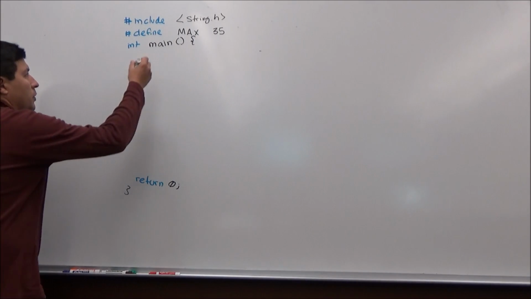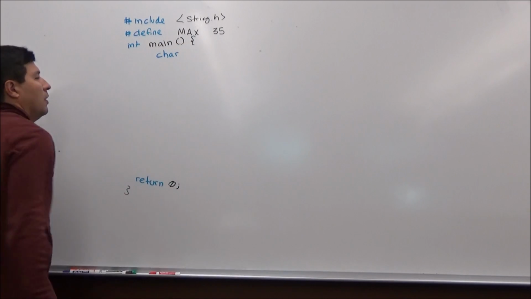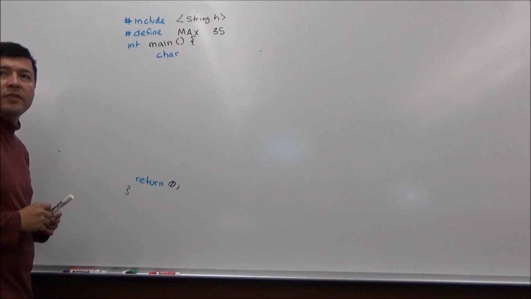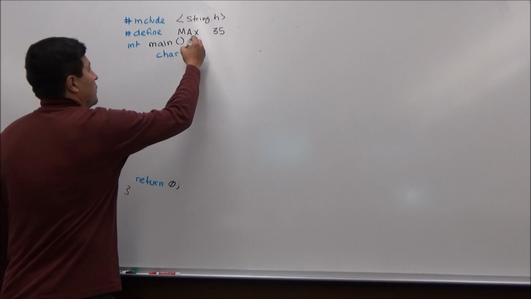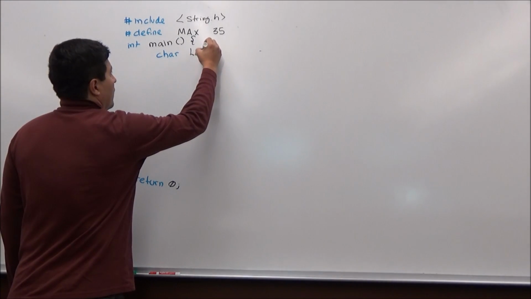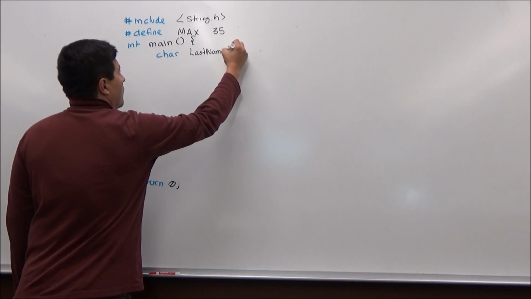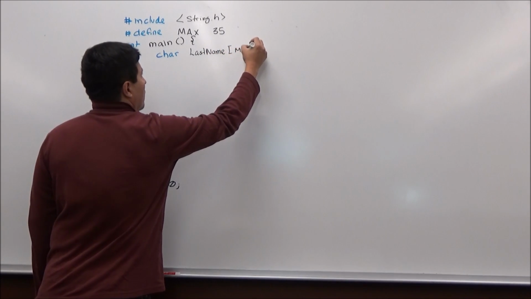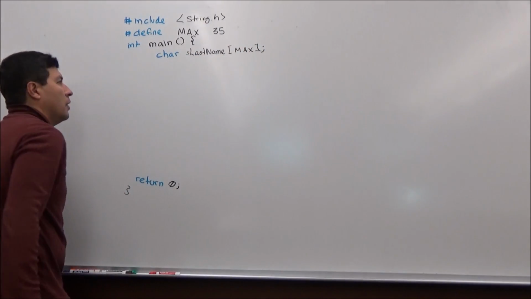So, an array, we just declare it with the type, and we are going to use a character, because a string is just an array of characters. I'm going to say this is the last name. I'm going to put an S to say that's a string.